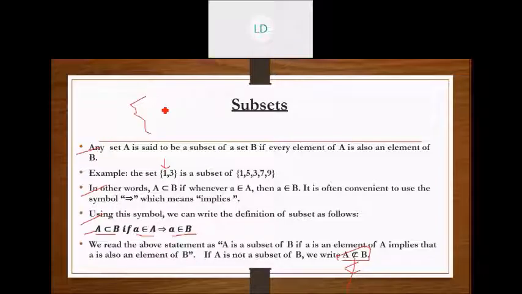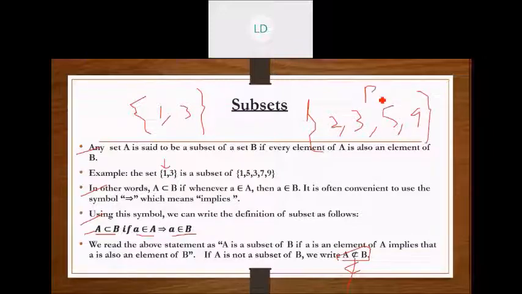Suppose there is a set A = {1, 3} and there is one bigger set B = {2, 3, 5, 9}. You take this bigger set as B and the small set as A. Now, is this a subset of this set?